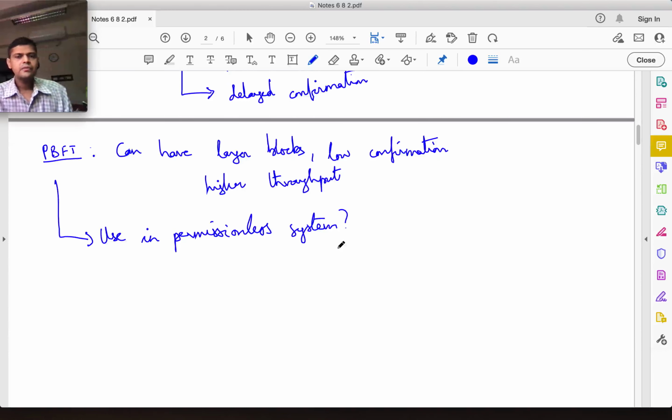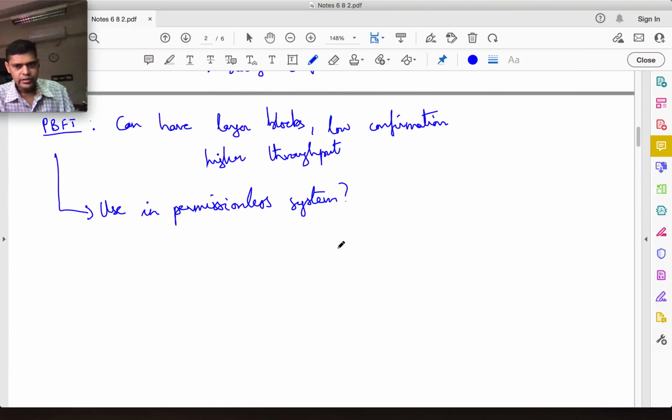So RapidChain, of course, is not the first one to do this. So they reuse some ideas which were there earlier. But yes, the answer is yes, they want to use something like PBFT in a permissionless system. So how do we do it?